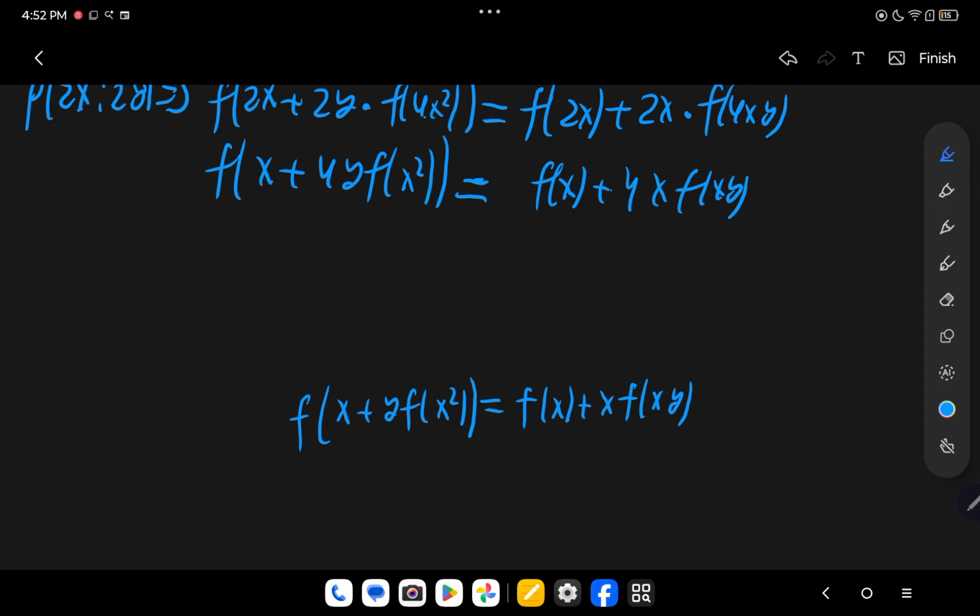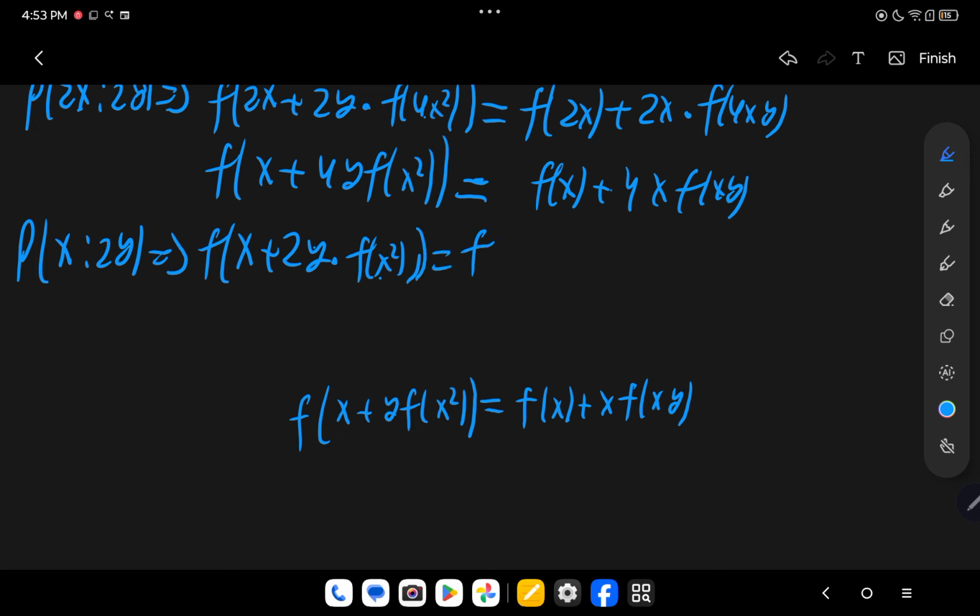And now put 2y instead of y, and we will get f(x plus 2y times f(x) squared) is equal to f(x) plus, this is x, so 2x times f(xy).